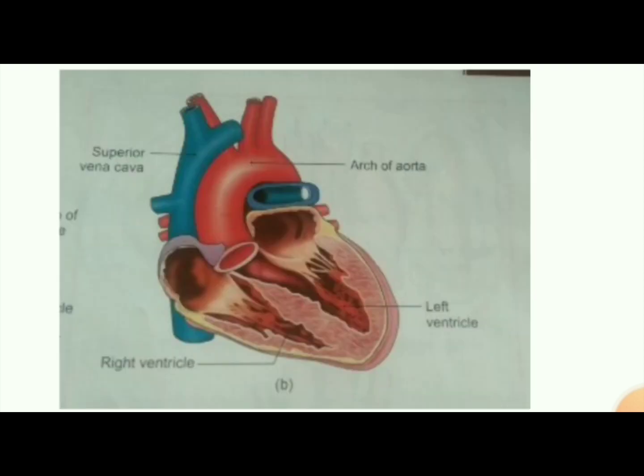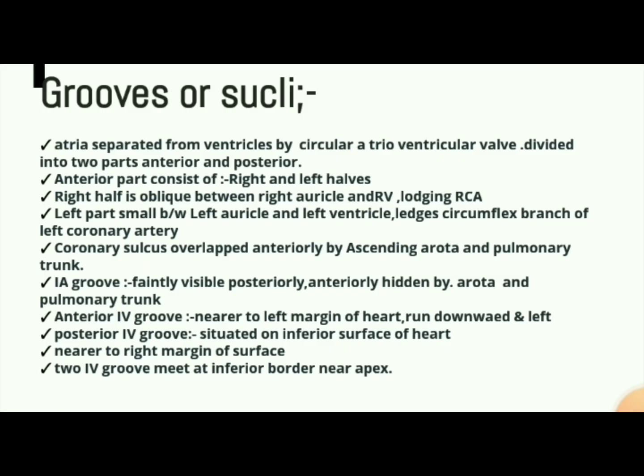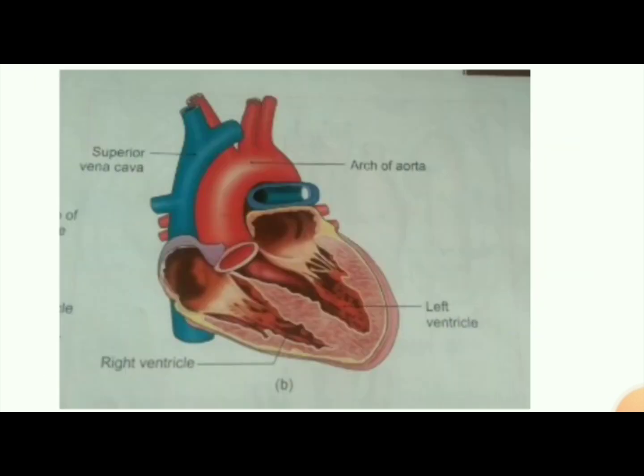It is nearer to the right margin of the surface. The two interventricular grooves meet at the inferior border near the apex of the heart. This is the apex of the heart.